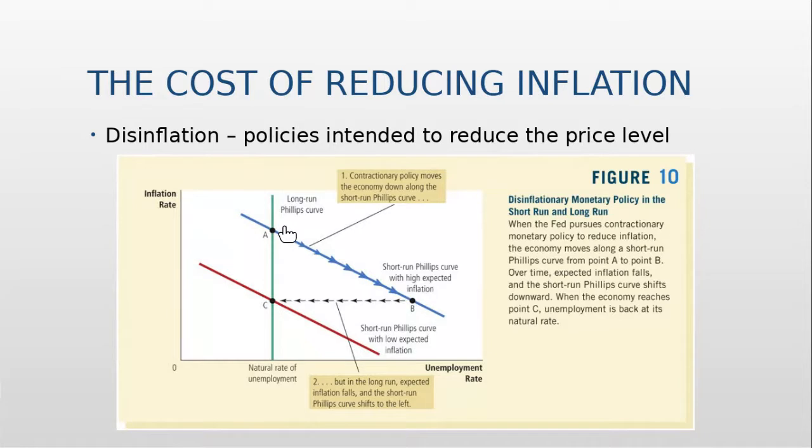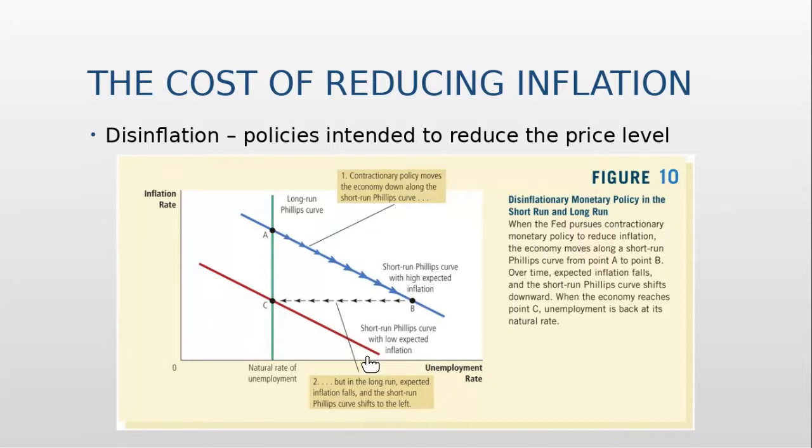All right, so the long-run Phillips curve starts at A, we're at a high inflation rate. To bring inflation under control, you effectively have to contract the money supply. And contracting the money supply, of course, reduces aggregate demand. And when it reduces aggregate demand, what this means is that in the short term, we have a huge spike in unemployment because the short-run Phillips curve is also informed by the high expectation of inflation.